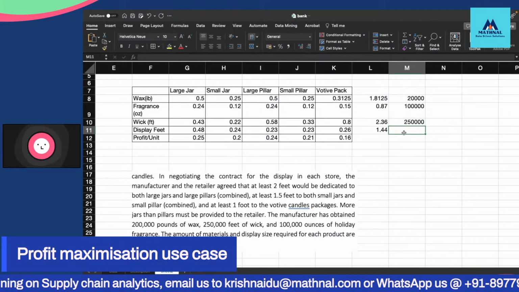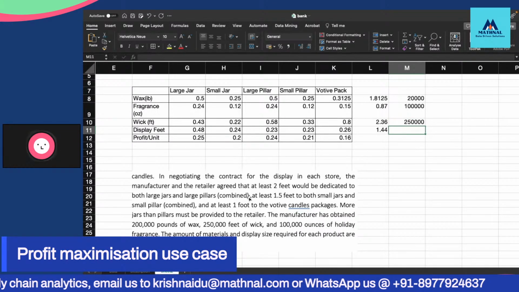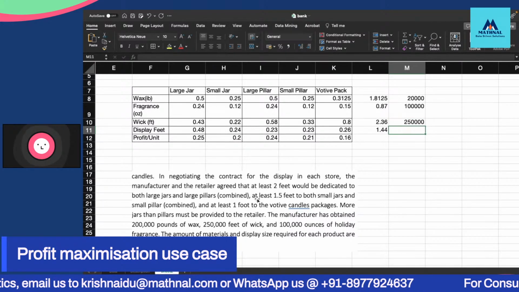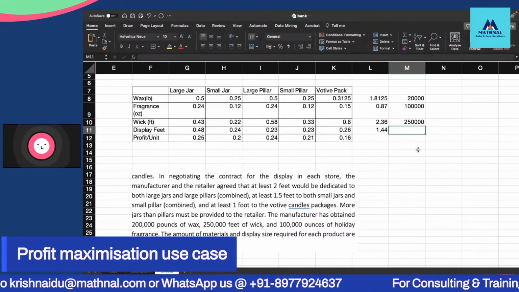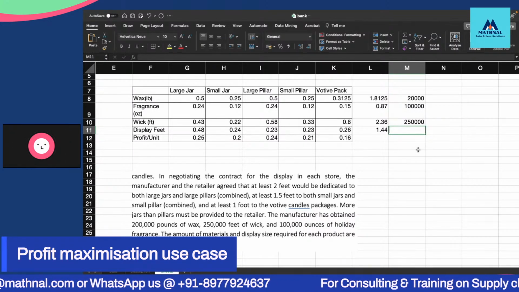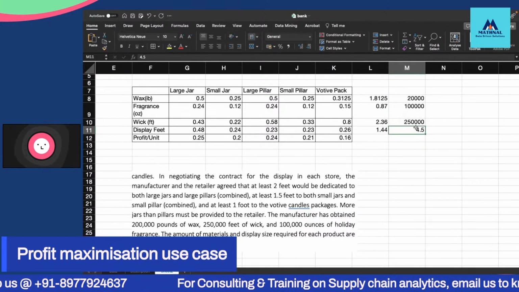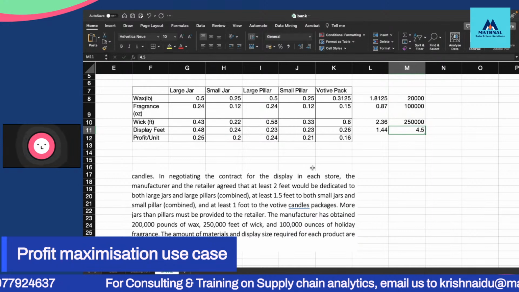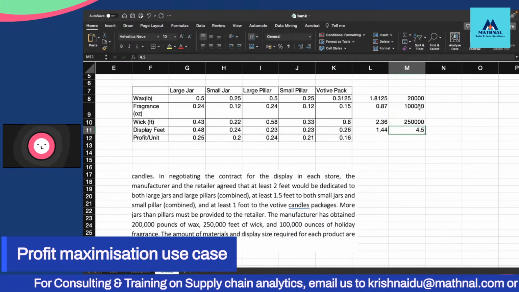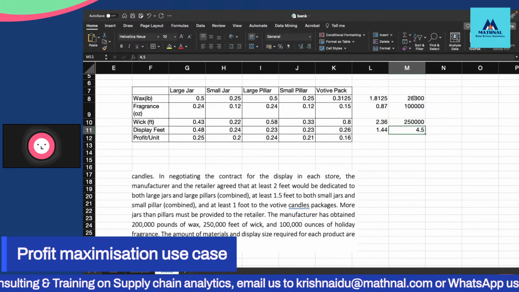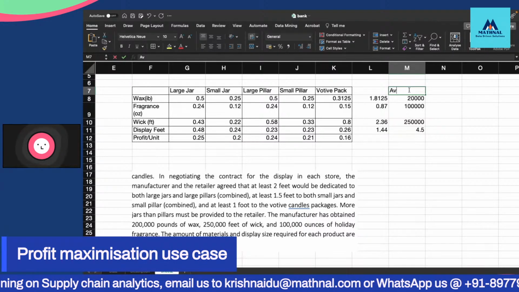And 2.5 combined, plus 3.5, 4.5. These are the availability we need to have. This is the raw material availability we need to have.